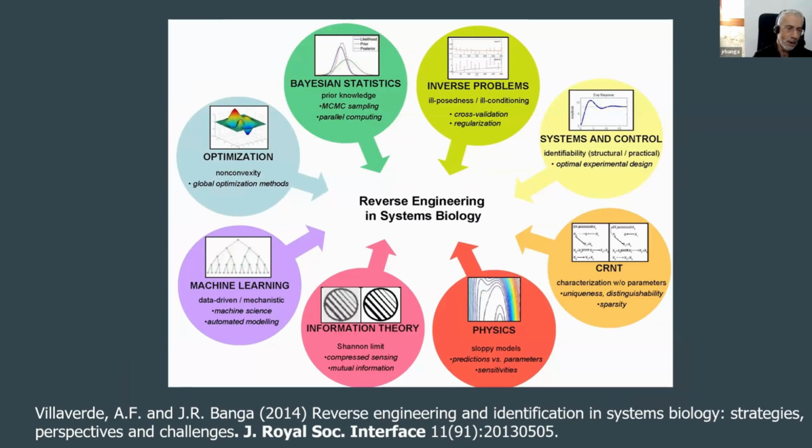In this review, we were exploring why these problems are so difficult, why these problems are hard in general, and what are the different perspectives from different areas to attack this problem of reverse engineering, recovering this mechanistic model from data. And one of the components is, of course, optimization. And the two software tools that I will describe today are, by the end of the day, optimization toolboxes devoted to problems in systems biology.